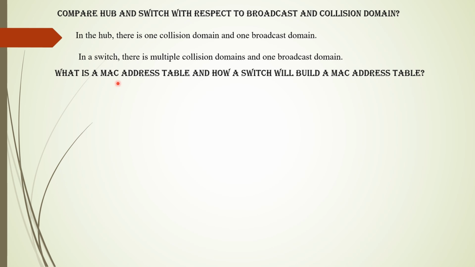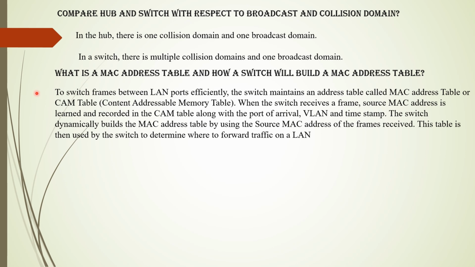What is a MAC address table and how does a switch build it? A switch switches frames between LAN ports efficiently. The switch maintains an address table called the MAC address table or CAM table.